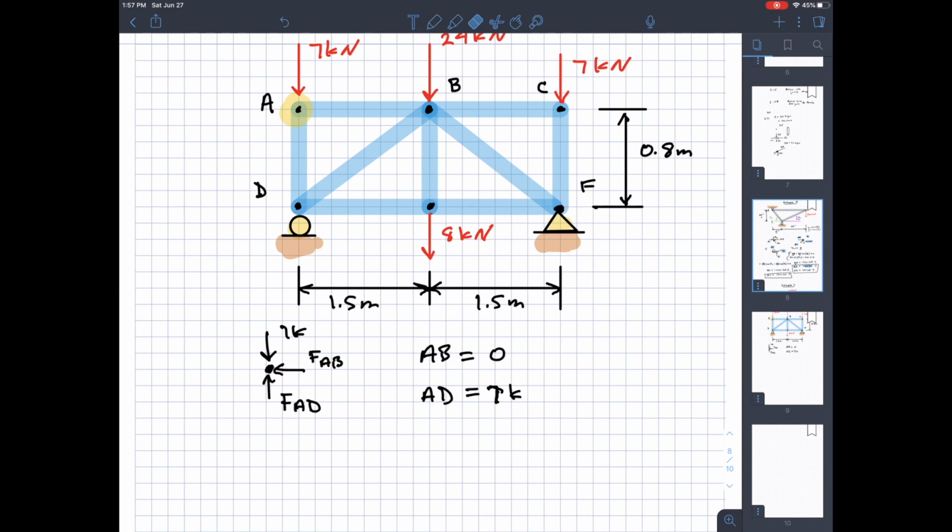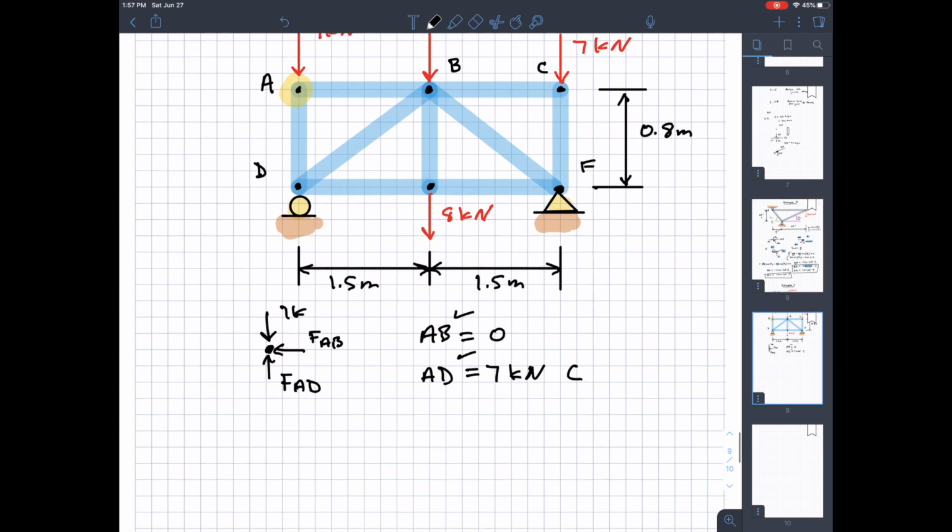All right, I didn't write that very neatly. So 7K. And because that's positive, this would be kilonewtons. Because it's positive, it is in compression like we assumed. Okay, so we've immediately found two of these, all right?